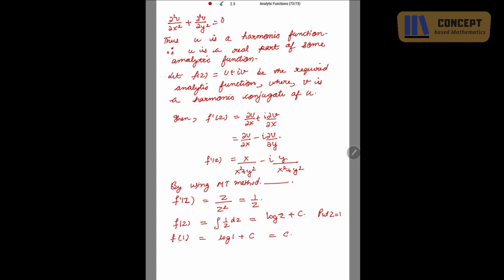So now f(1) is equal to iota, that is given. So iota is equal to the constant. Thus this f(z), which was log z plus c, instead of c you write the value of c, that is c equal to iota. So f(z) is log z plus iota. This is the required analytic function.